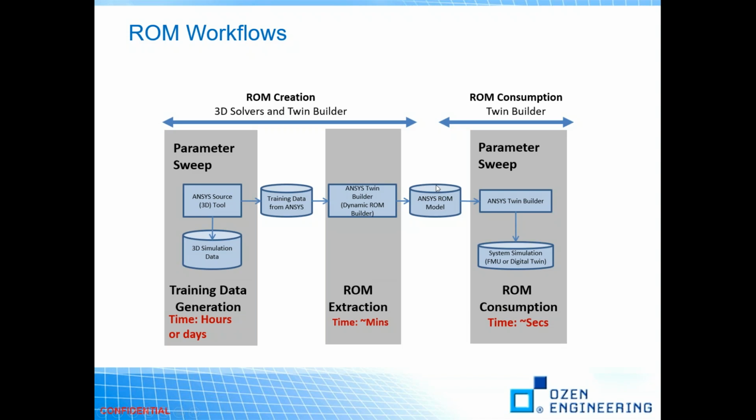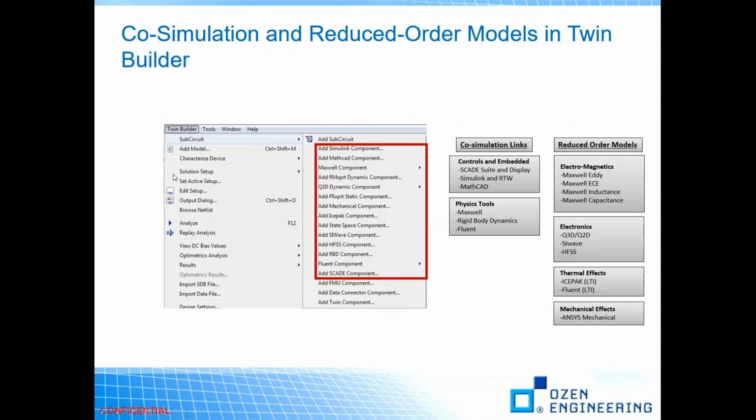Then you can import that into your TwinBuilder. That comes to the ROM consumption. In TwinBuilder, you have the system simulation using either FMU or the digital twin, and at that time the ROM consumption will only take seconds to complete the task.